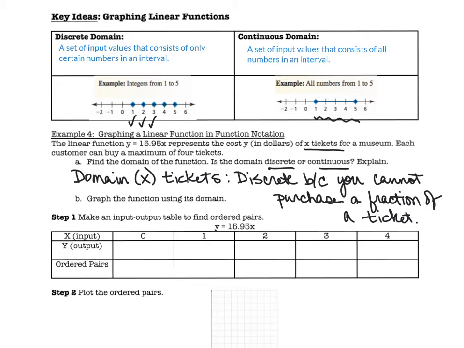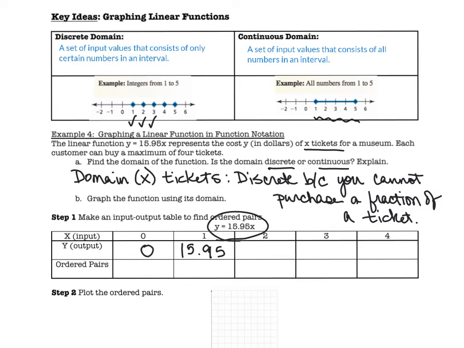All right. Graph the function using its domain. So if we're going to use this equation, y equals 15.95x, if we buy 0 tickets, we are going to spend $0. If we purchase 1 ticket, x would be 1. We would multiply that by 15.95. Our cost would be $15.95.